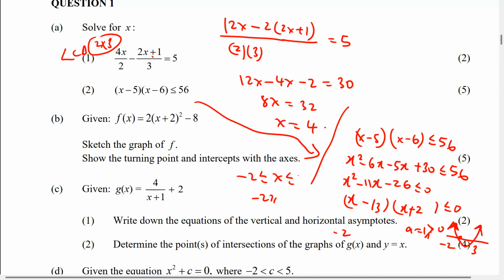Minus 2, this is 13. So you have minus 2 less than or equal to x less than or equal to 13. Yeah, well done there. That would be the answer to the question. Okay, so I'm just testing with that one.